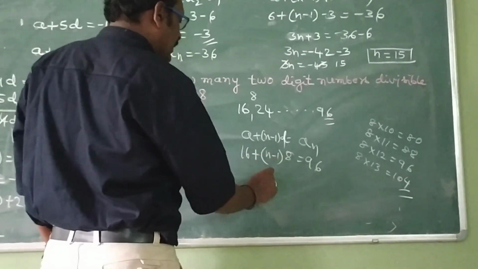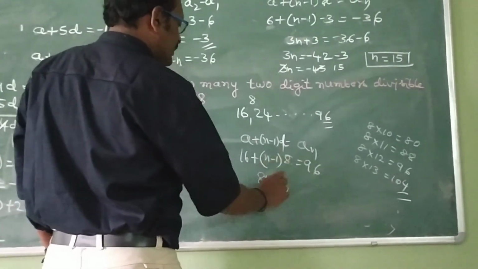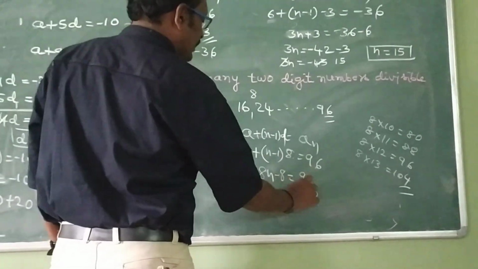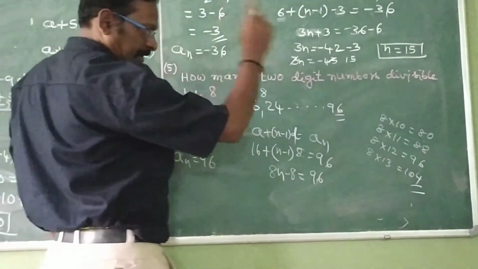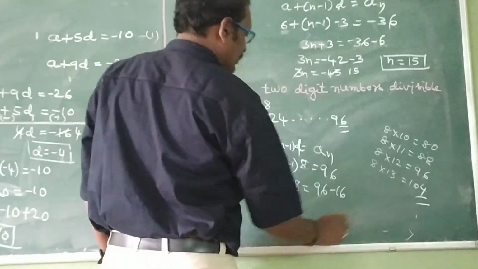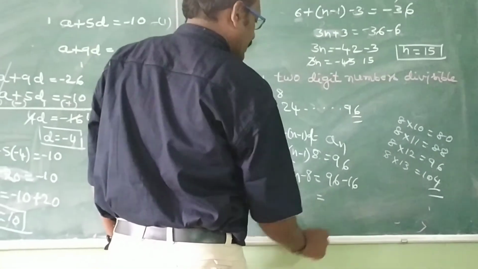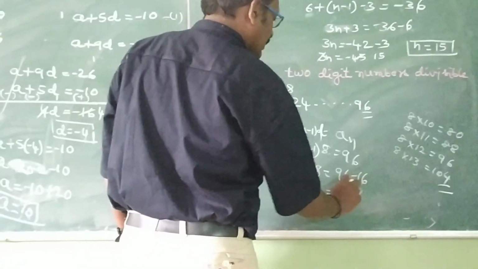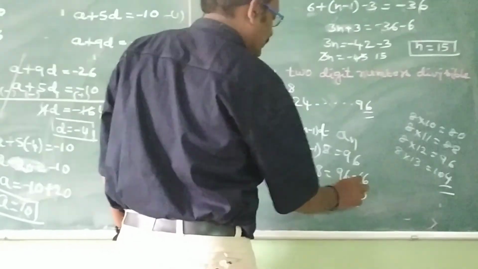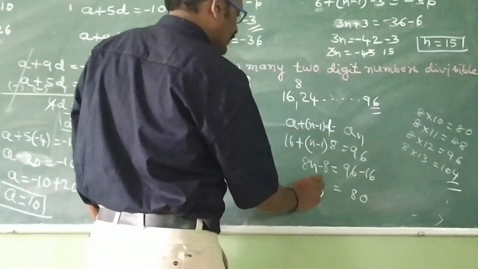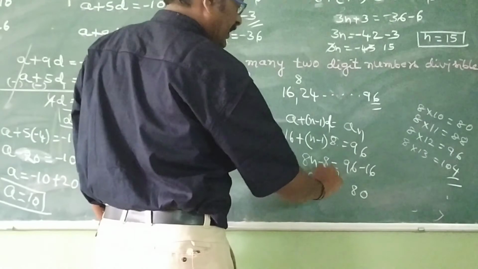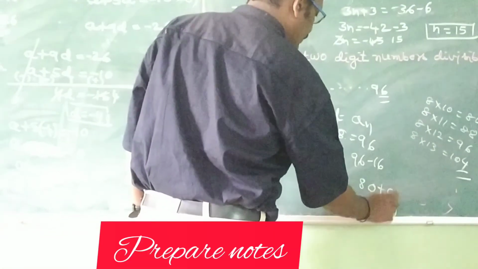Now 8 into n minus 1: 8n, 8 ones are 8, is 96. I will take plus 16 to that side as minus 16. You will get 80. 6 minus 6 is 0, 9 minus 1 is 8. So 8n. I will take minus 8 to this side as plus 8.